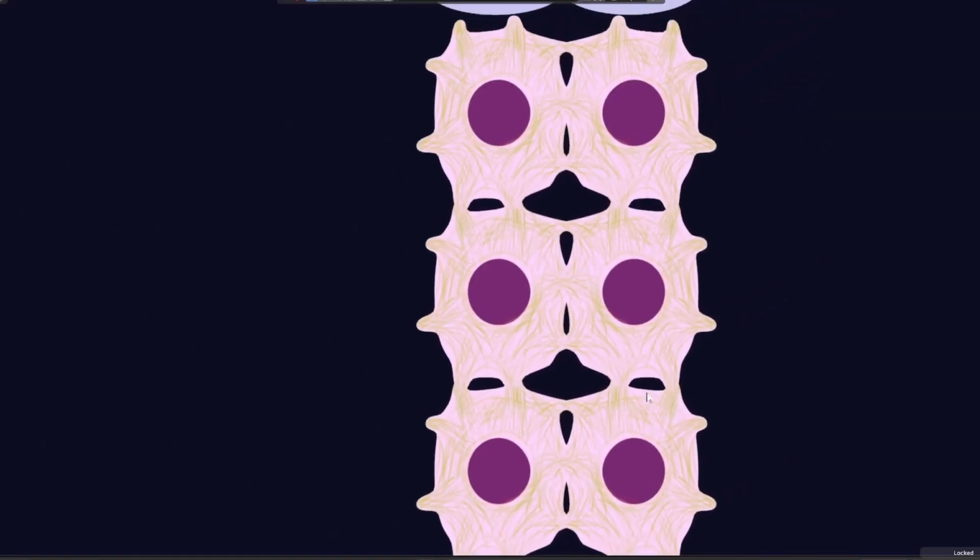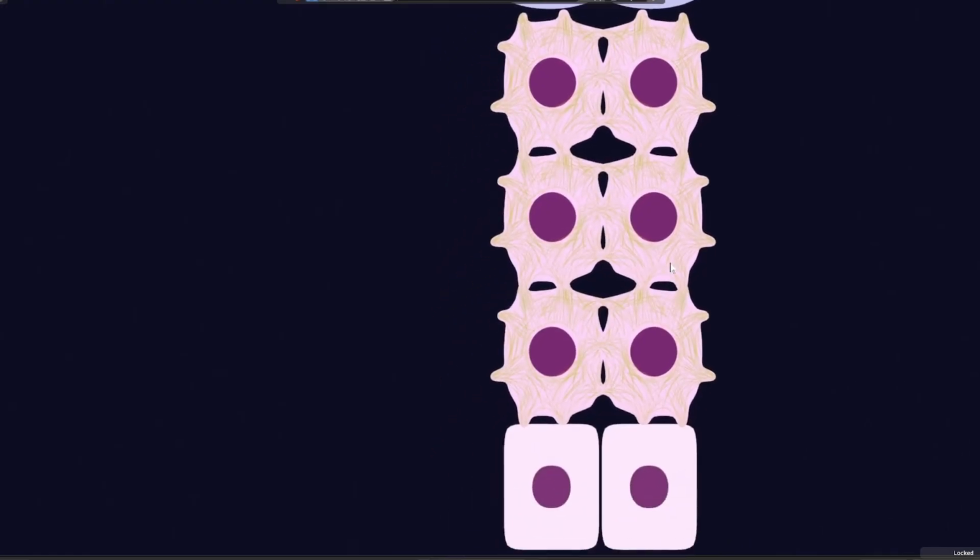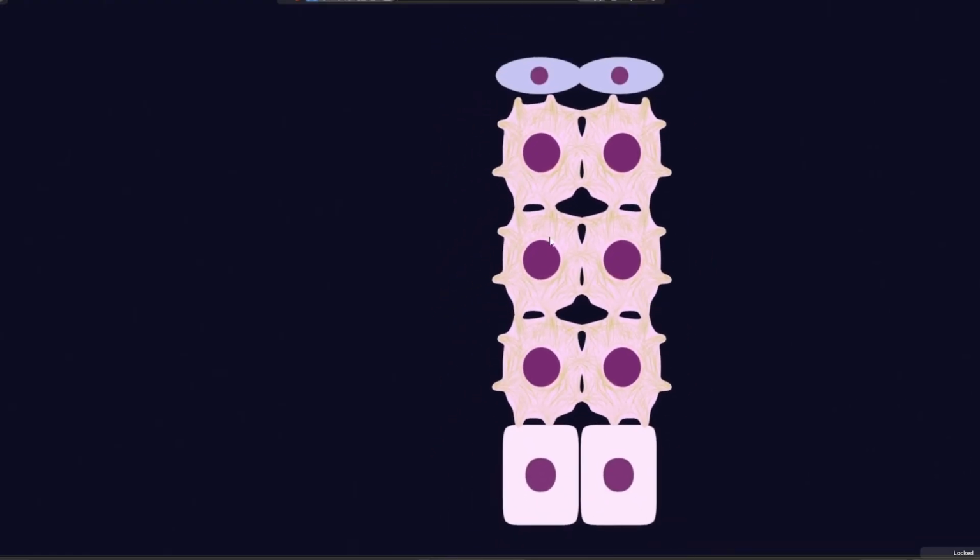I have shown in this illustration these greenish yellow fibers. These are tonofilaments, basically keratin filaments. They have several different functions. I will not go into detail in this lecture. That's a completely different topic of histology that we will not discuss in this course of embryology, right?